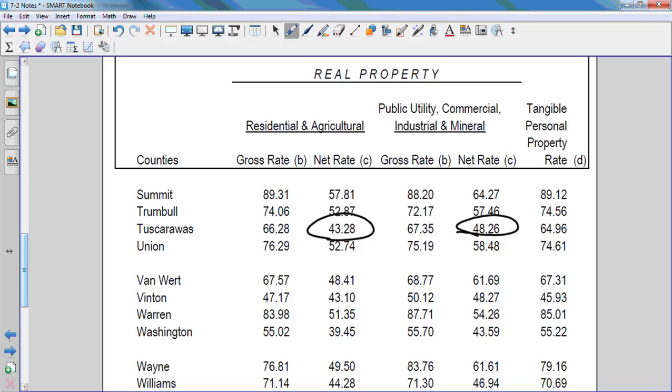Is it like you run your business out of your house? No. Good guess. A boat, a motorhome. I think those are the only two that I can think of. I think you have to pay property taxes on those. I'm pretty sure I don't own a boat or a motorhome, but I'm pretty sure that's what it means. Those are tangible personal properties, and your rate is right there.